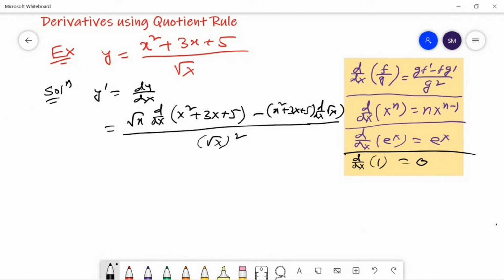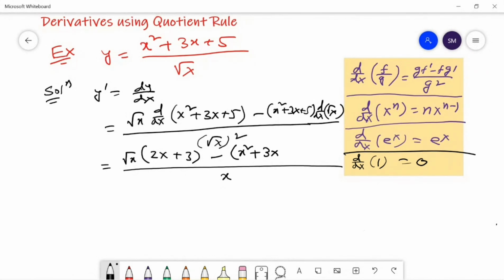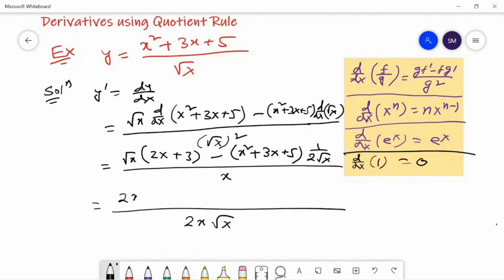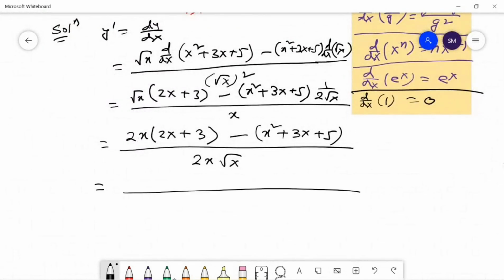So we know the power rule, what is the derivative of x square plus 3x plus 5, and what will be the derivative of square root of x, and we write it accordingly. Further simplification and rearrangement of the coefficients and powers of x will give us the final result.